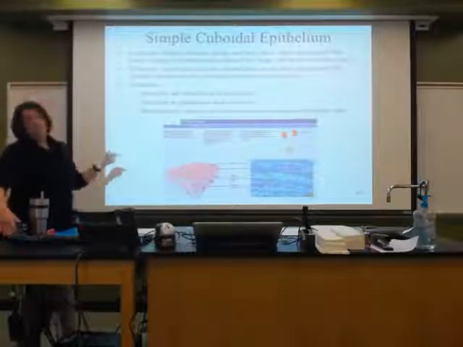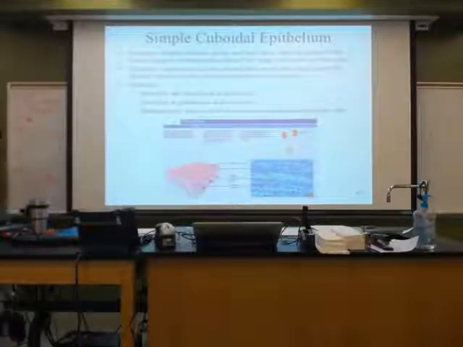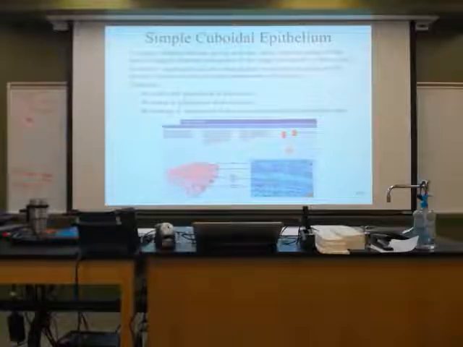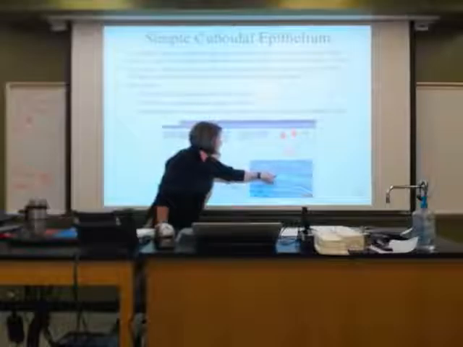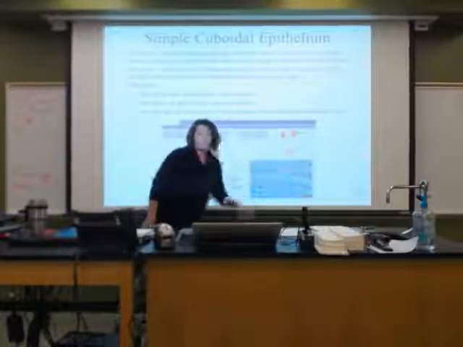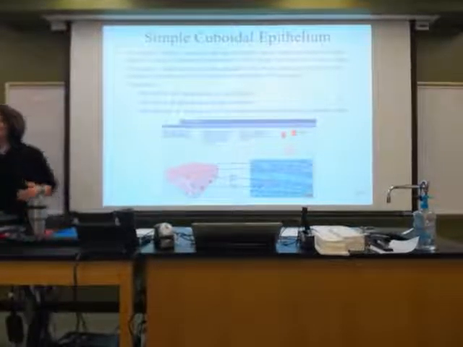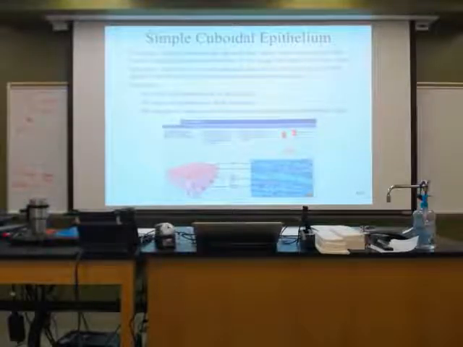Simple cuboidal, one layer of the cubes. And that's exactly what they look like. When you look at them under the scopes, they are going to simply look like blocks. Okay? So one layer of the blocks.